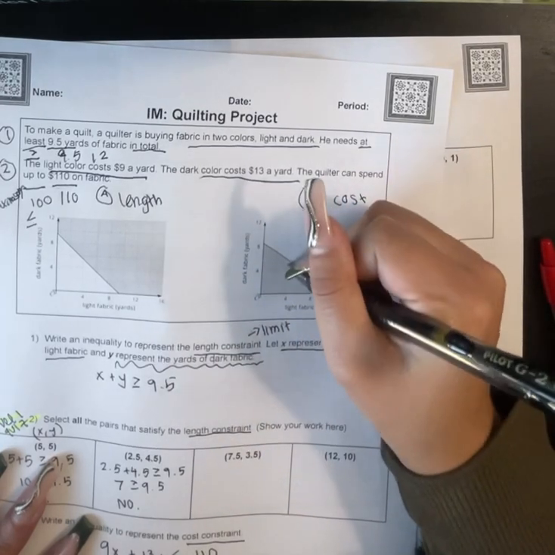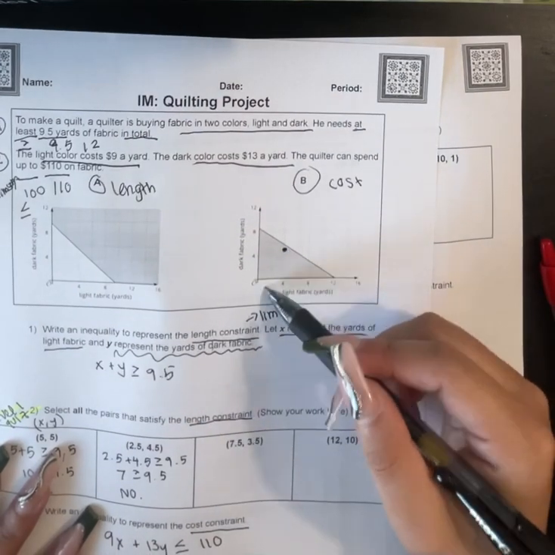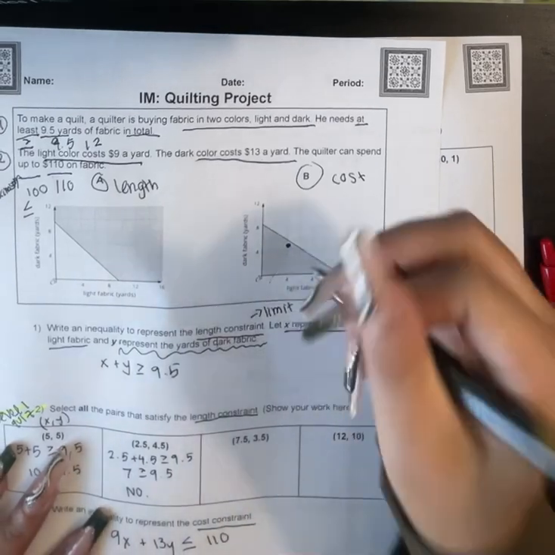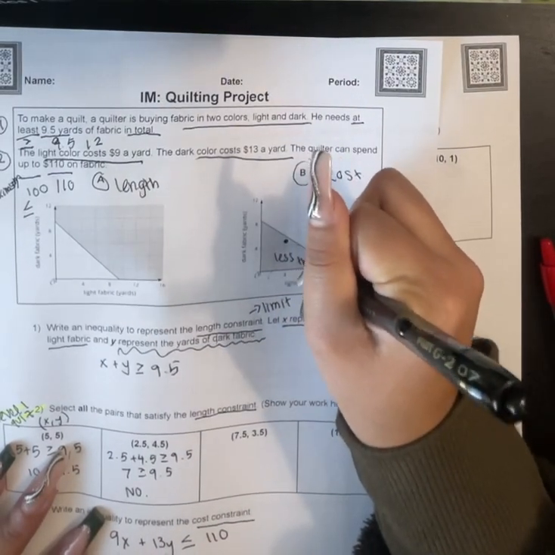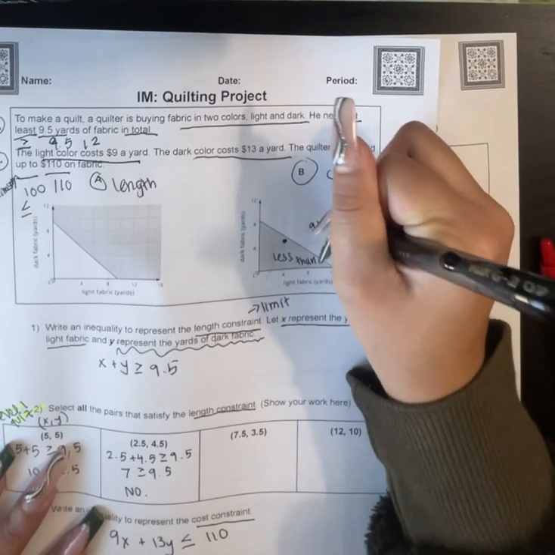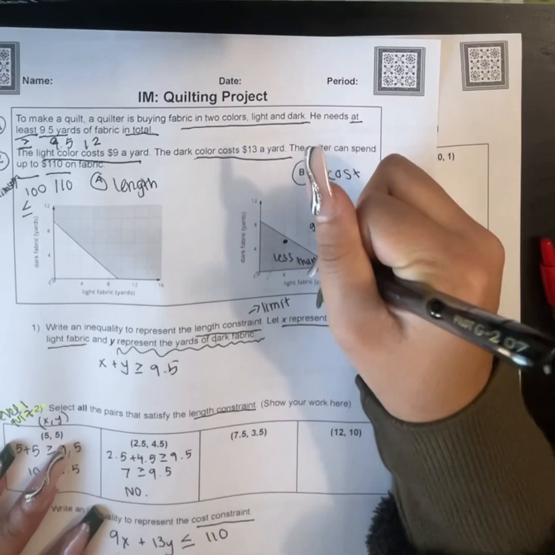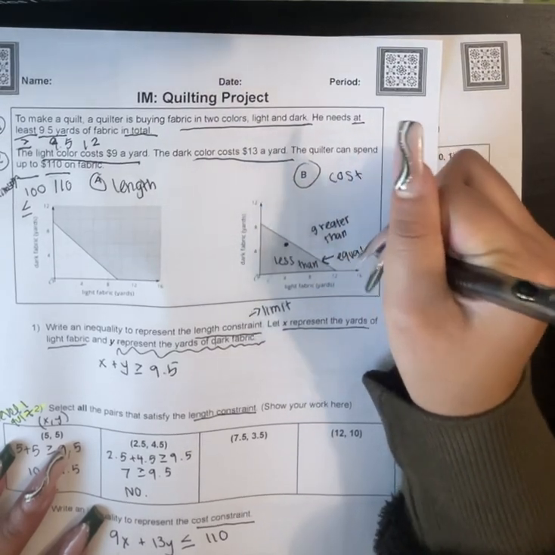So it would be like about right here. And does that fall in the shaded region of being less than or equal to? Yes, right? So right here is less than. If it's above, it's greater than. And if it lands exactly on the line, it's equal to.